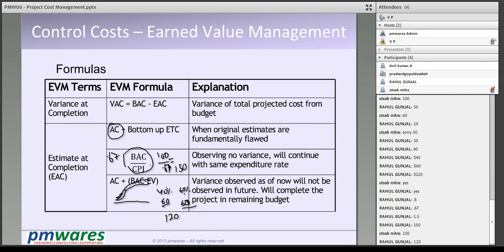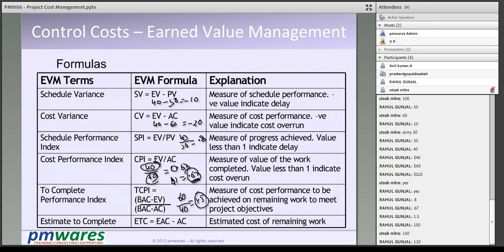Got it? Now if I go to the previous screen and calculate ETC, in the second case it is 150 minus 60, that is $90. In the third case it is 120 minus 60, equal to $60.